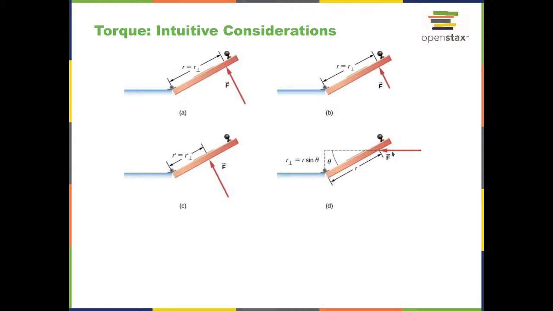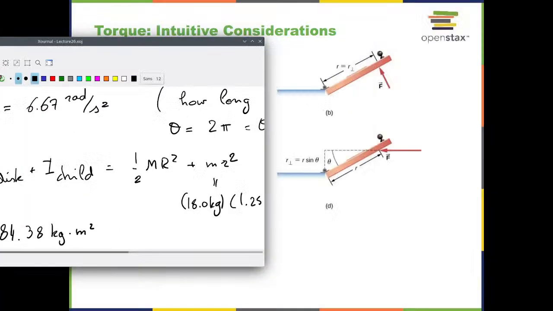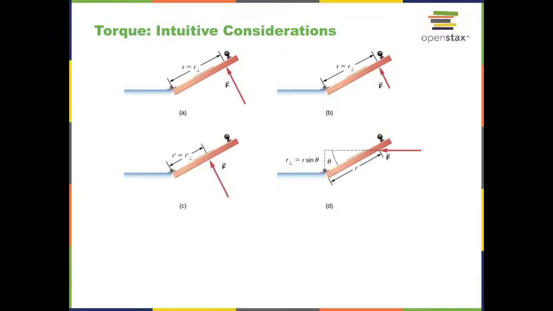And of course, one thing you also know is that if you push with a force that is parallel to the door, then you're not going to get the door to change at all. You're not going to cause any rotational motion to occur. So this is now what we want to turn into a mathematical description.